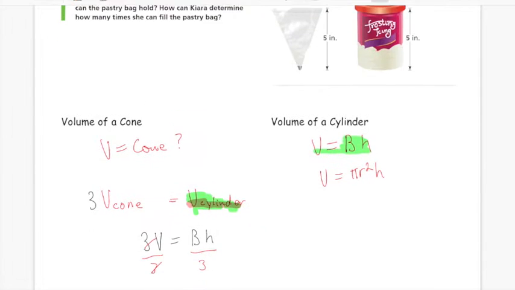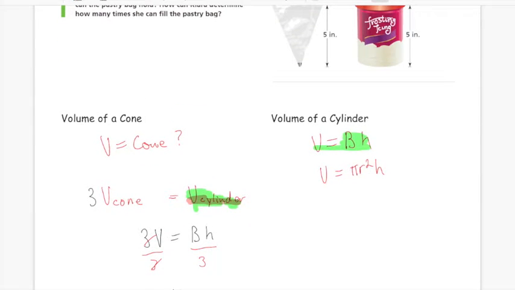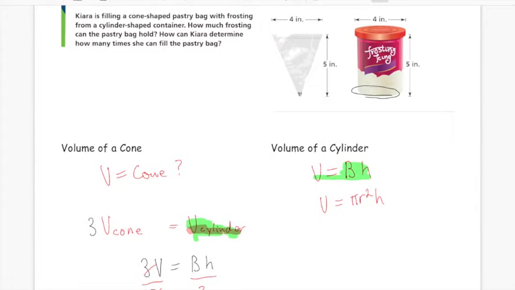The volume of our cone is equal to 1/3 base times height. Okay? This is only true when, remember, the base has to be a circle. So this is true because the base is the same for both of these.